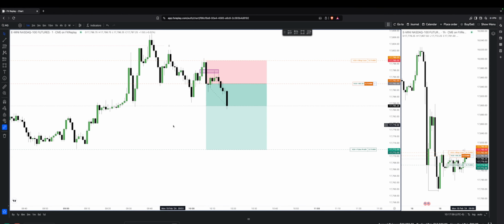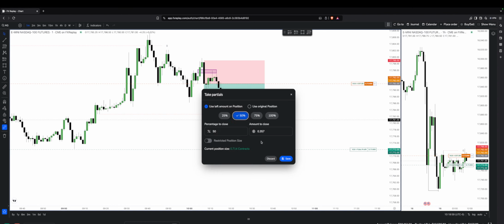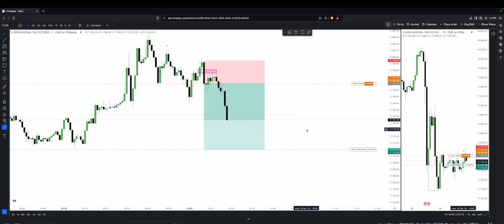So from here, now I'm break even. And that's a trade, pretty simple. I'd say probably go 50% at this level here. That one I look for. There we go. So now I take 50%. That's a winning trade, and I just kind of forget about it after that, to be quite honest with you.